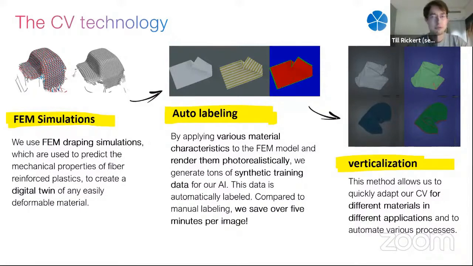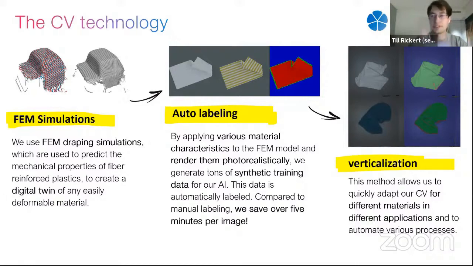To solve that problem and to circumvent that bottleneck, we use FEM computer simulations, which were originally used to predict the mechanical properties of, for example, fiber reinforced plastics. And we took those FEM simulations and adapted them to simulate, let's call it non-technical or everyday textiles.